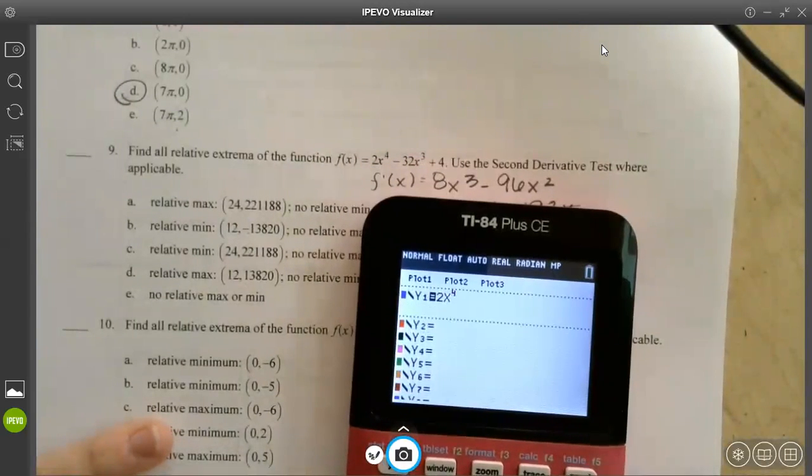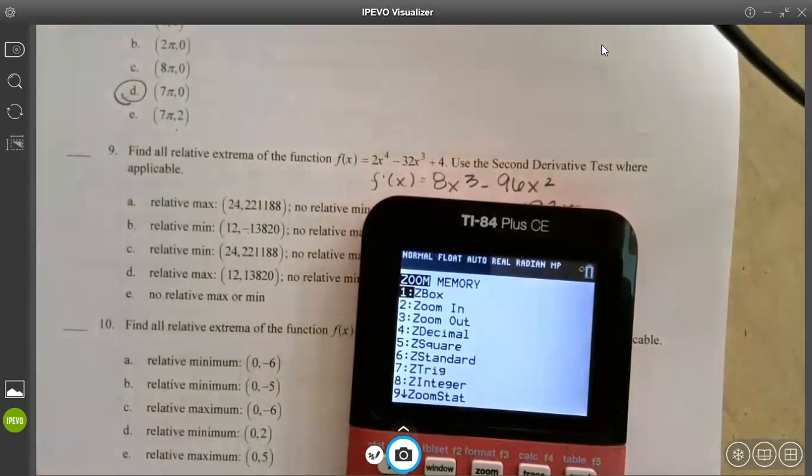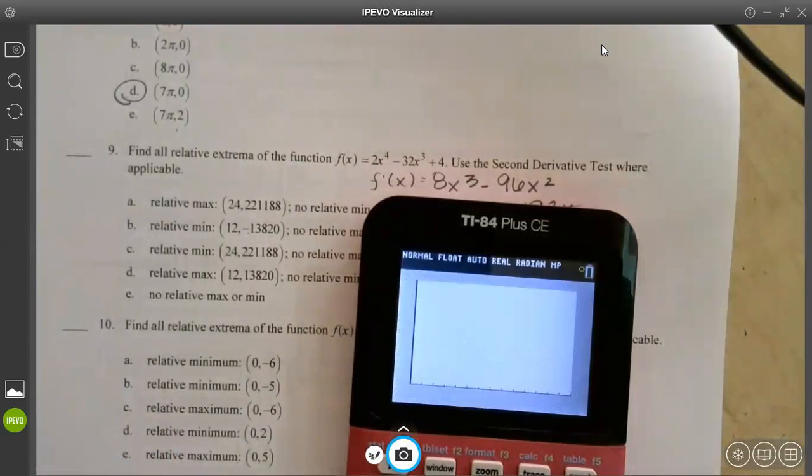2x to the 4th minus 32x to the 3rd plus 4. I'm going to zoom fit just to make it be able to be seen.